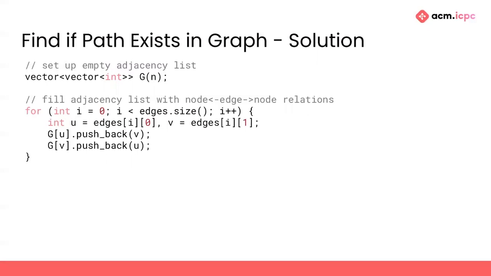The syntax here is used because this is how the input is given in the LeetCode problem, so this is not a generic solution for constructing adjacency lists. Does this code make sense to everyone? Okay, I'll take that as a yes.